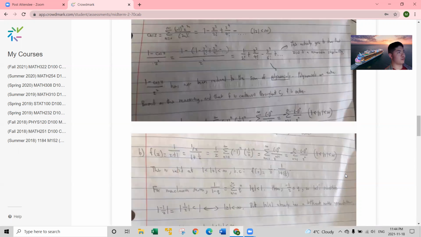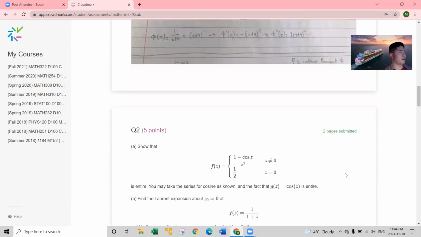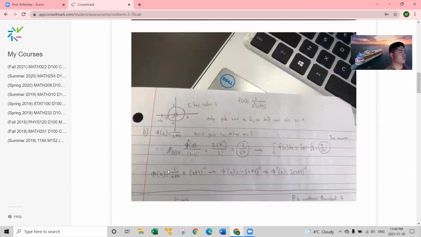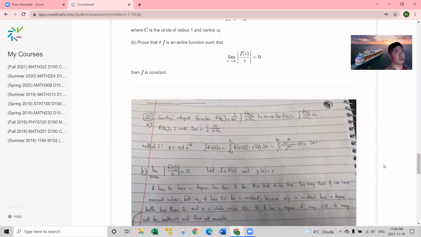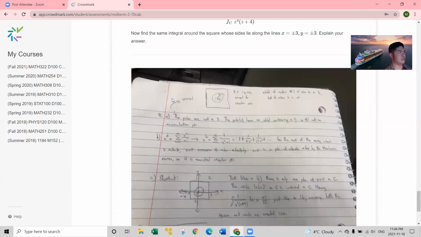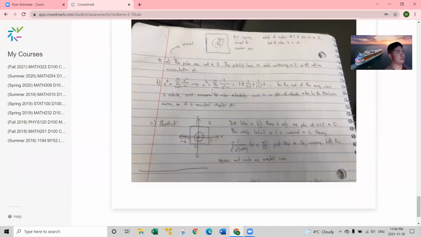Like for example, in question 1b, z equals 0 has an order of 2. No, sorry, z equals 0 has an order of 3, which is a finite number. So that is an isolated singularity. This is an essential singularity, since it has an order of infinity.